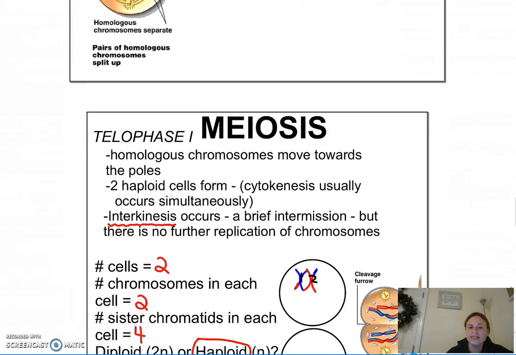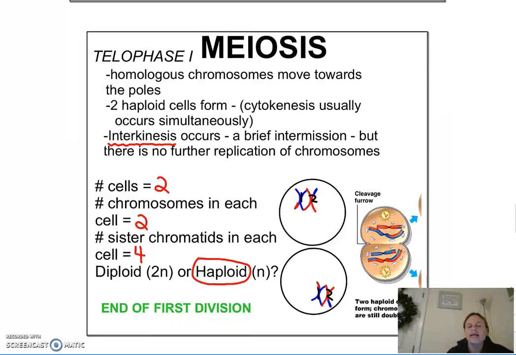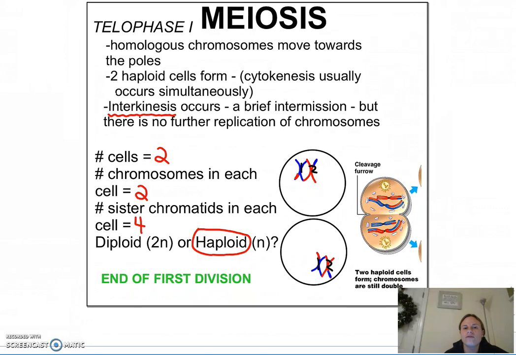But what happens next in telophase 1 is the splitting of the cell. So the homologous chromosomes move toward the poles, and now I have 2 haploid cells that are going to form. So now my number of cells is 2, but I've only got 1, 2 chromosomes in each cell.